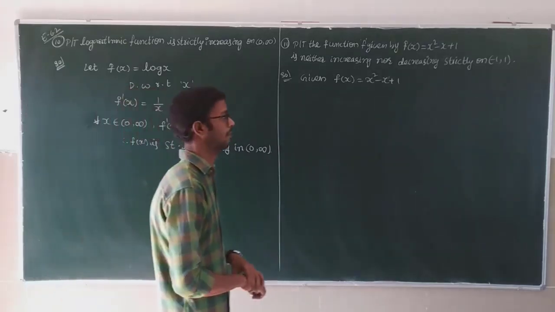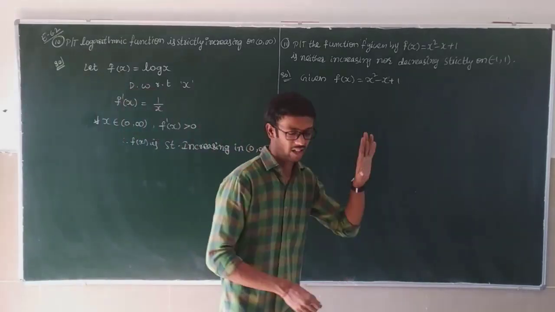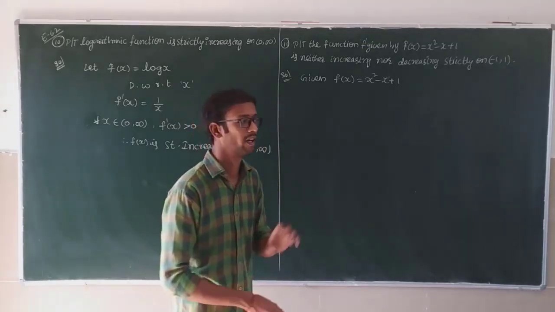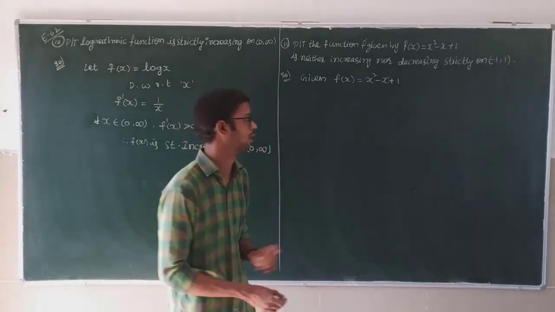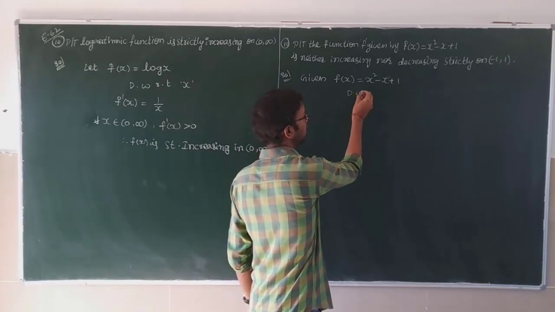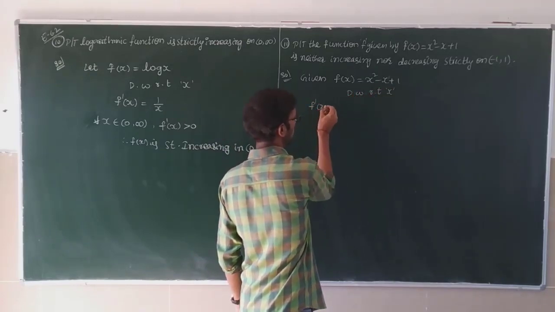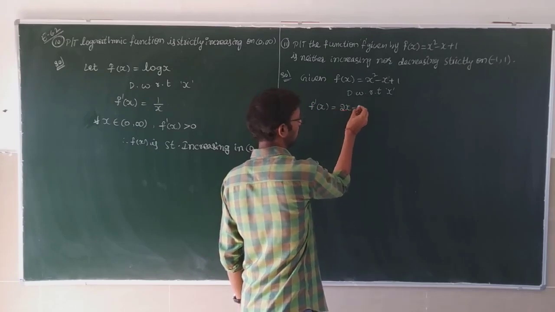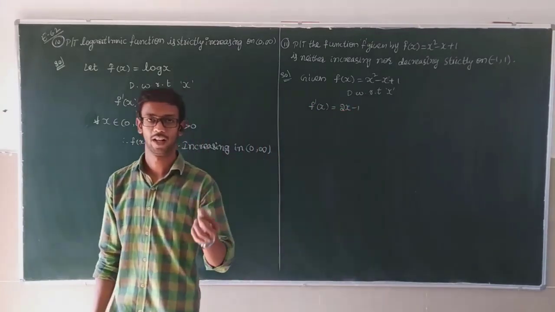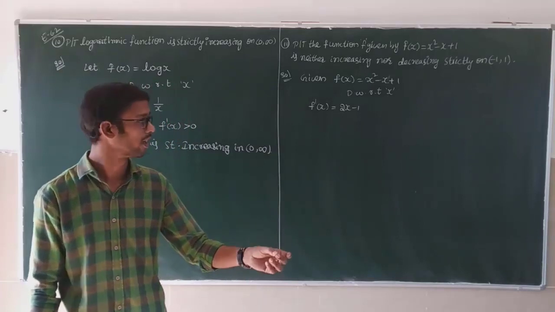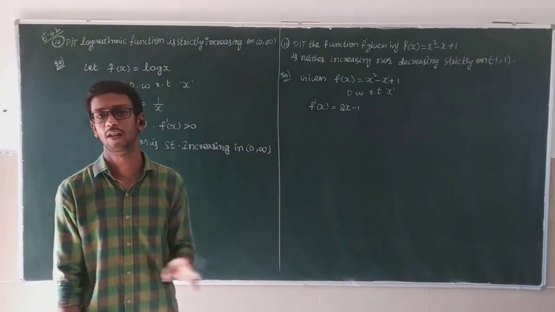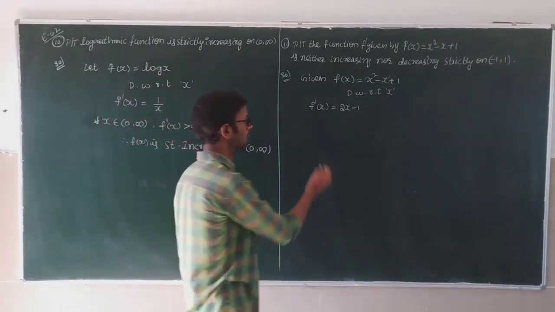For that purpose, the same method we have to apply, but the final conclusion changes. Differentiation with respect to x: f dash of x is equal to 2x minus 1. X square derivative is 2x, x derivative is 1, 1 derivative is 0. No need to write that 0.